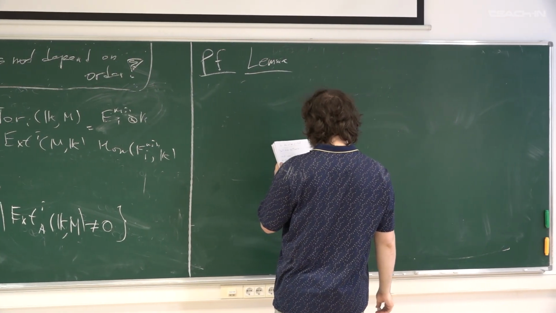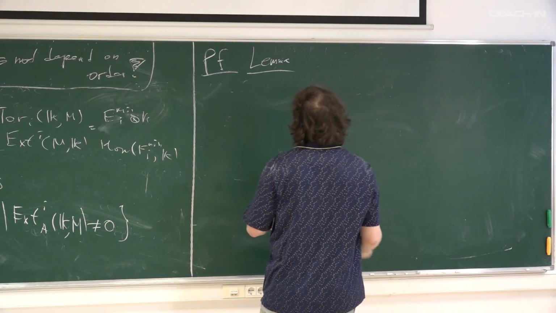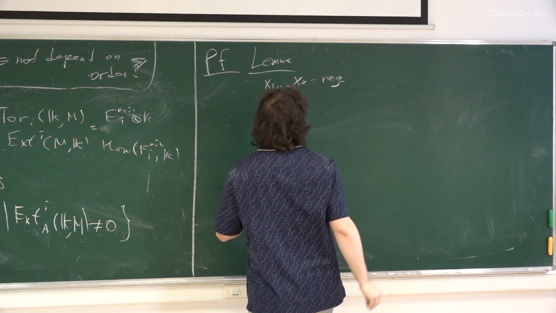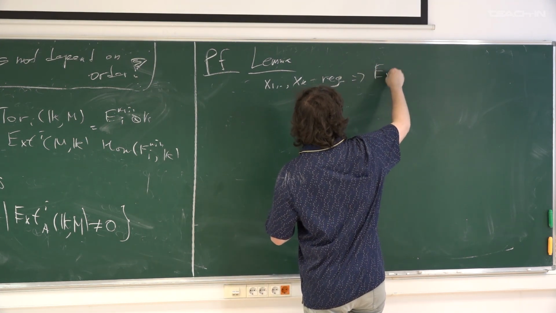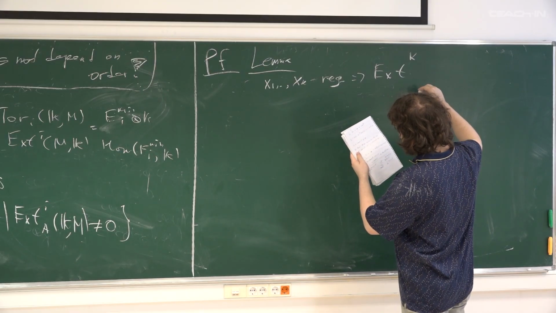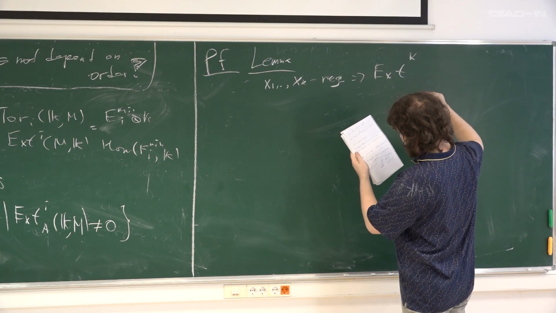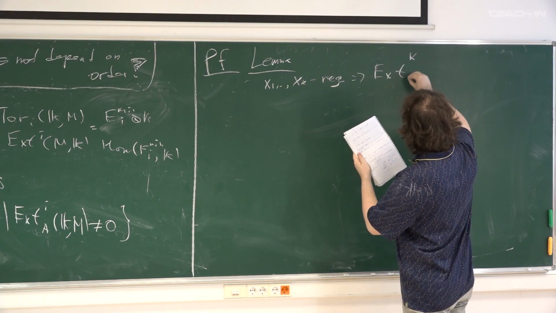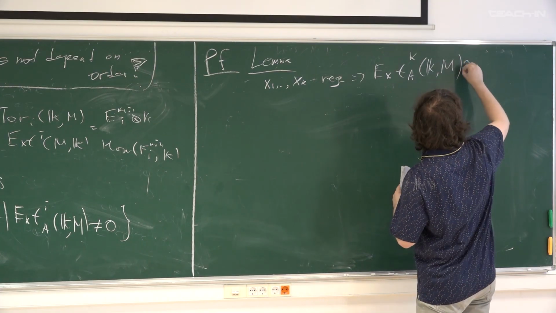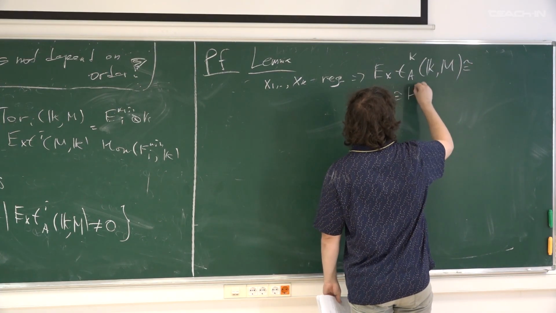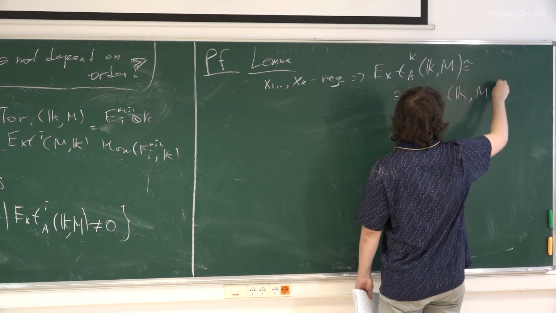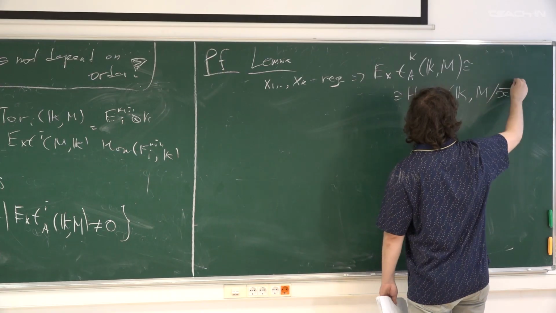Something like this: if we have that x1, ..., xk is a regular sequence in M, then Ext^k_A(k, M) is isomorphic to Hom from k to M modulo x.